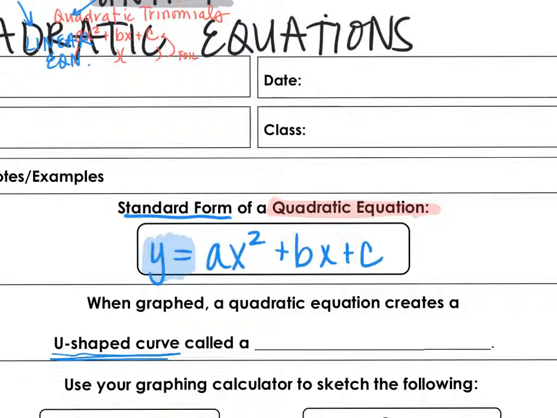It creates a U-shaped curve called a parabola. So, linear equations, y equals mx plus b, made lines. Quadratic equations, y equals ax squared plus bx plus c, create parabolas, which are U-shaped curves.